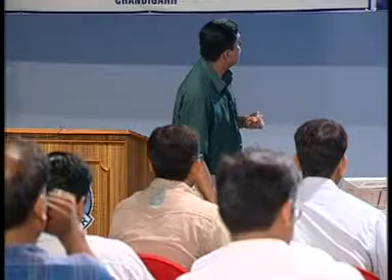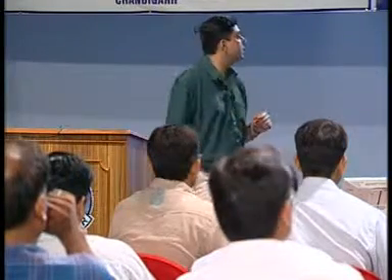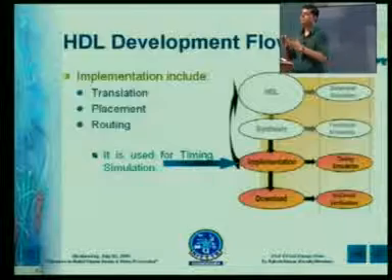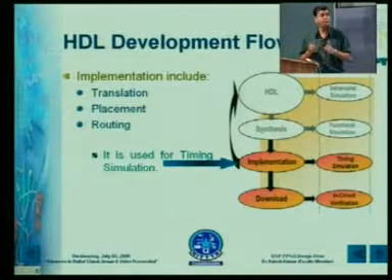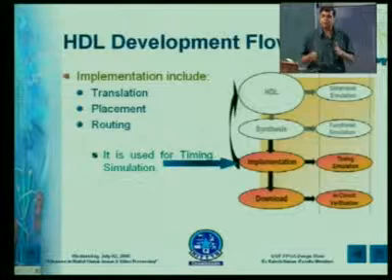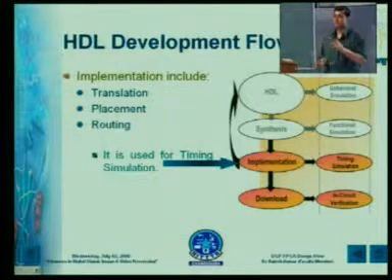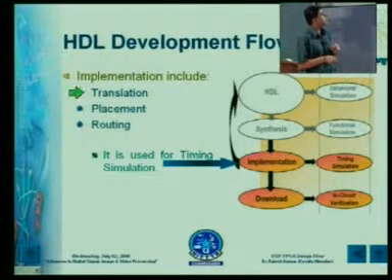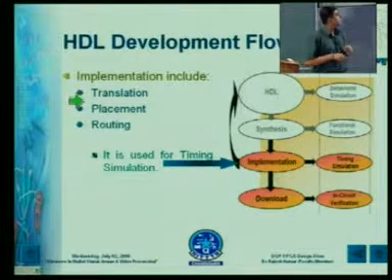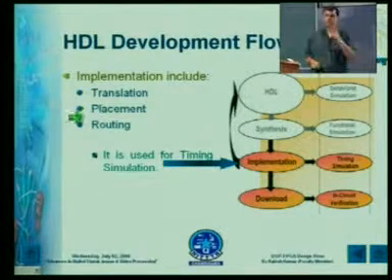Once your synthesis report is complete, the next step is implementing your circuit on the FPGA. How to implement your circuit? This implementation includes three parts: first translation, second placement, and third routing.